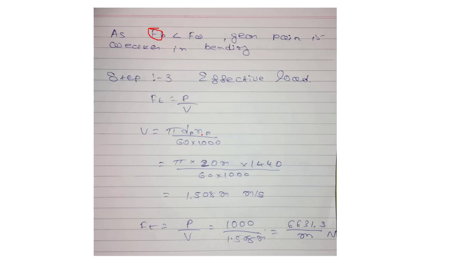We have value of Np, it is 10440. dp is equal to 20 into module. So we will find the pitch velocity in terms of module, it is 1.508 into module. So Ft is equal to P upon V. P is available, it is 1000 watt, and we will put the value of V.